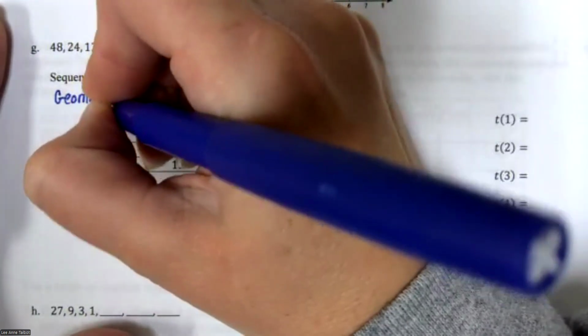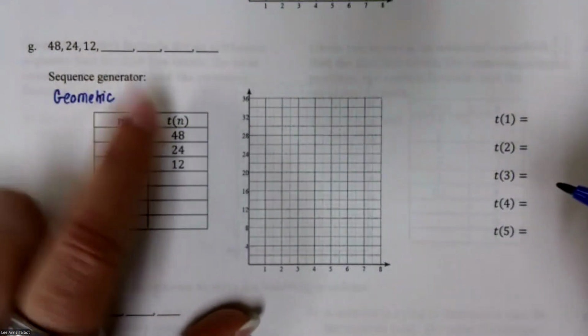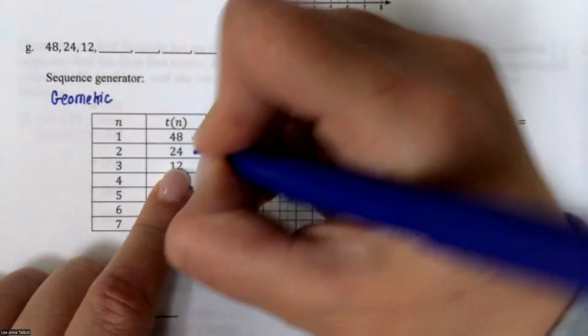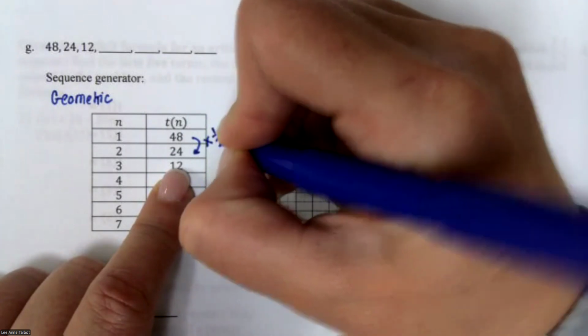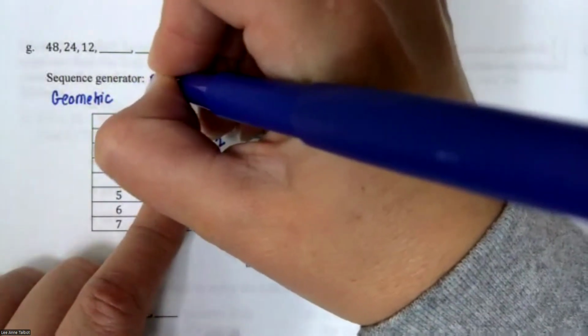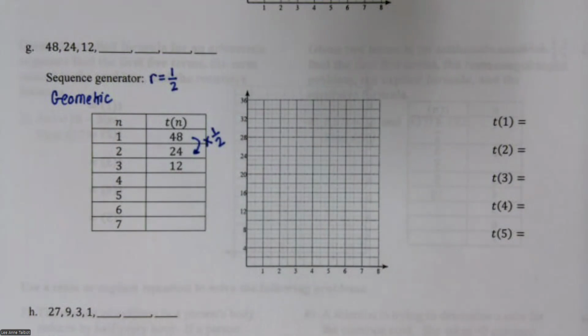I just forgot the R. Okay, so this one is dividing by 2. Can you tell that it's dividing by 2? Instead of saying that, we're going to put times a half. You want to make your geometrics in terms of multiplication, not division.